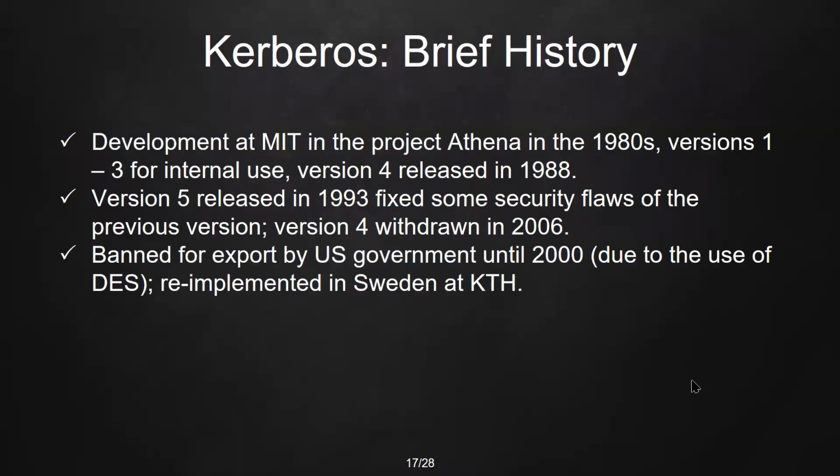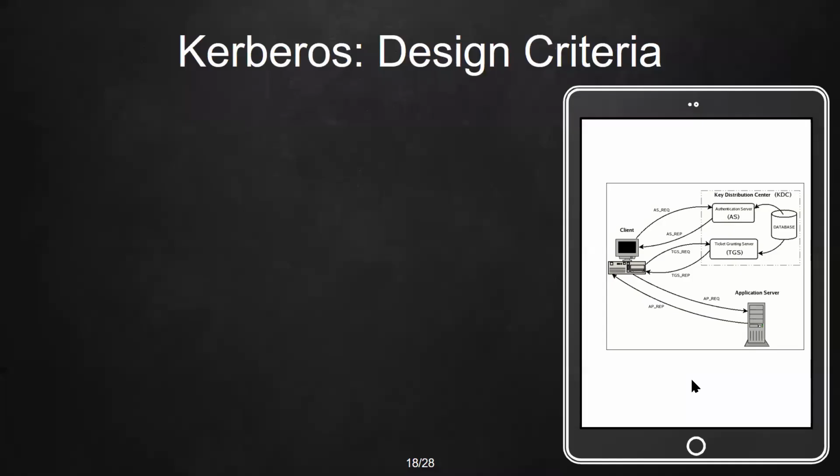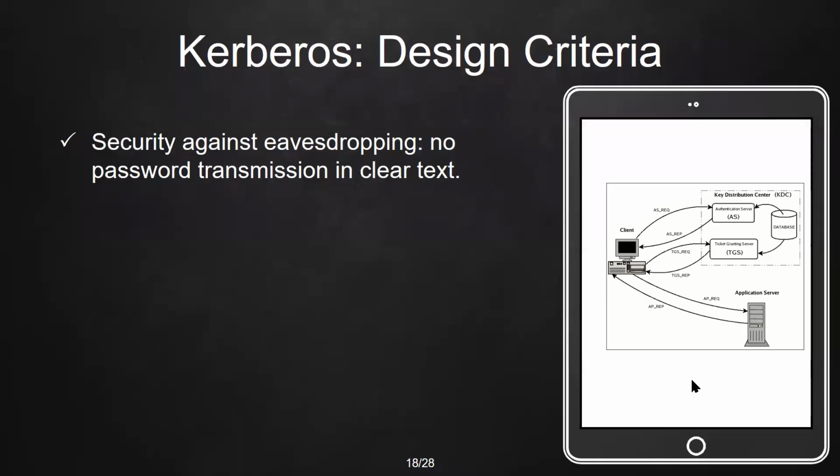These are the history you can read through. Design: secure against eavesdropping. When it says no password transmission in clear text, remember, the network uses open standard protocols and is not encrypted.